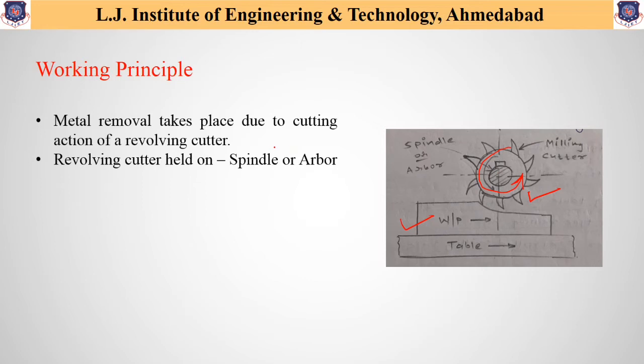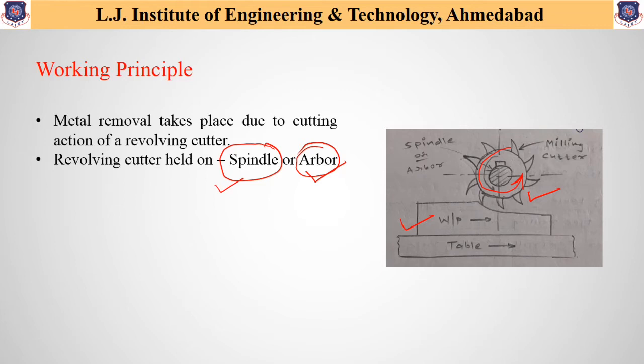Please keep these two words in mind, spindle and arbor, because during our next lectures we must use these two words. In some machines we will say that the cutter is fixed on the spindle, and in some machines we will say that the cutter is fixed on the arbor.